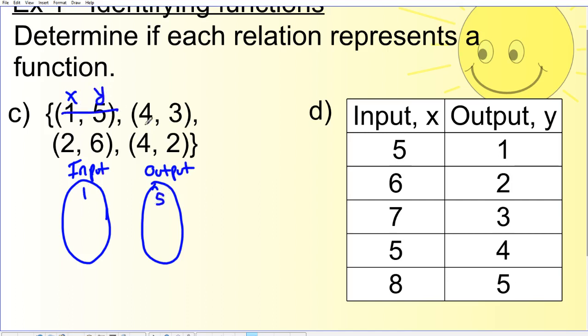So this one was taken care of. 4, 3, boom. 2, 6, boom. 4, 2, but I already have a 4. I'm not going to put another of the same number. So now, when I map it out, 1 goes to 5, 4 goes to 3, 2 goes to 6, 4 also goes to -2.